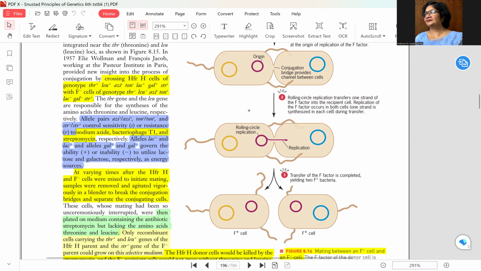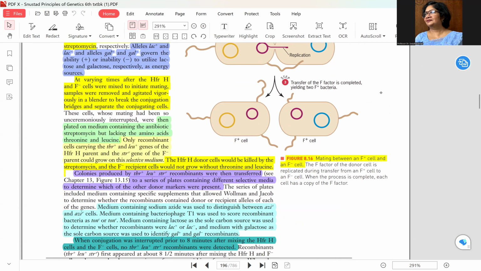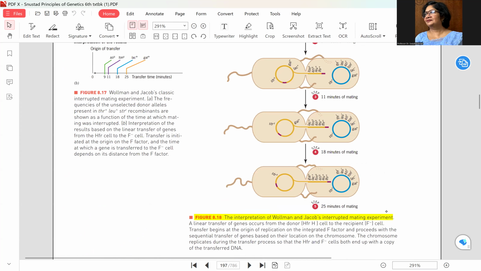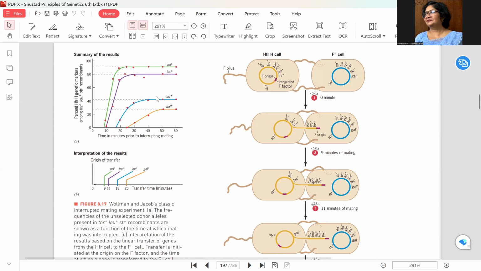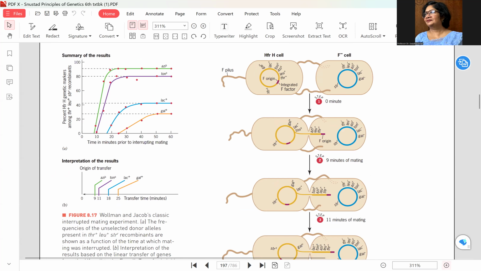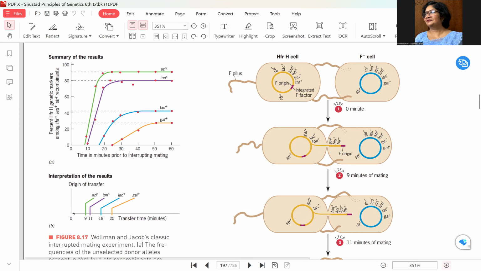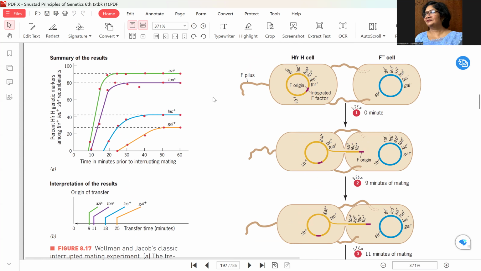So by looking at the time of transfer, you can plot a map of the genes that were transferred, and you will get something like this, where you got the sodium azide sensitivity gene transferred after 8 minutes of conjugation, the bacteriophage sensitivity gene transferred after 10 minutes of conjugation, the lactose utilization gene transferred after 18 minutes of conjugation, and the galactose utilization gene transferred after 25 minutes of conjugation.